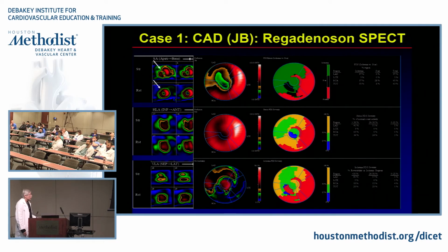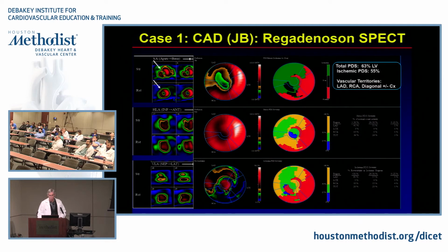Okay? The green is the ischemic area, or what changed, all right? So 63%, 55% ischemia, LAD, right, diagonal, plus or minus circumflex. So certainly LAD diagonal, right, and maybe, it's hard to know sometimes with these lateral areas whether that could be circumflex or not. It's probably more diagonal since the LAD is involved.